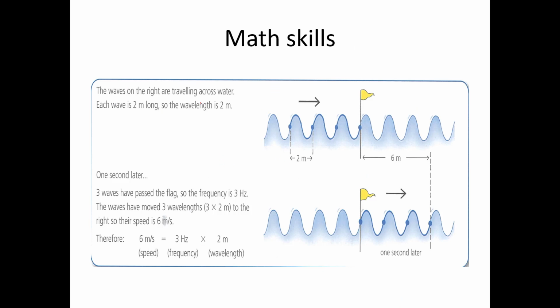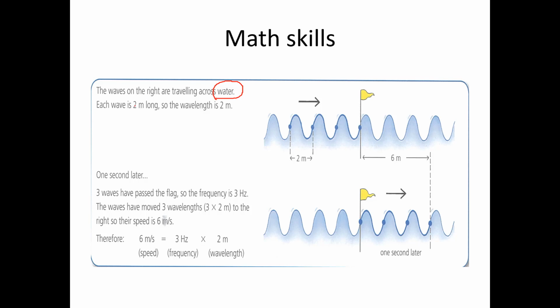Now, math skills. If you look at this drawing, the waves on the right are traveling across water. So firstly, here they mentioned water. So what kind of waves are there in water? Of course, as we mentioned before, it's transverse waves.